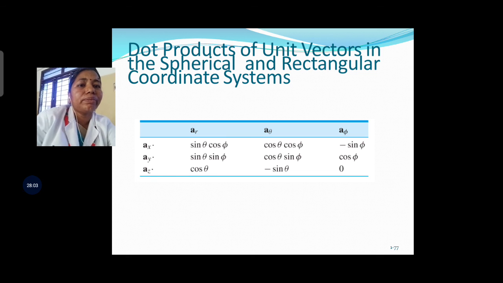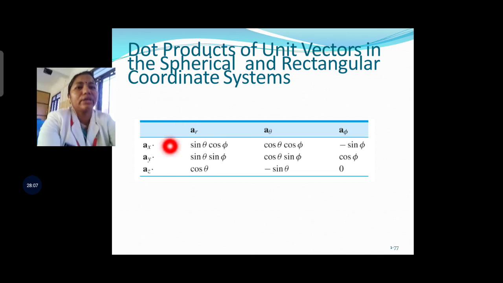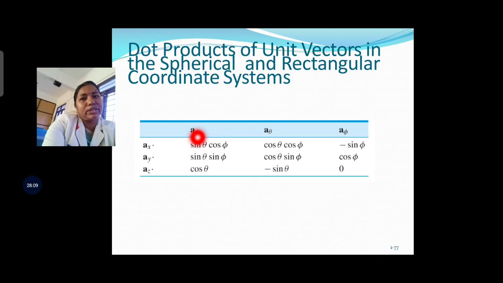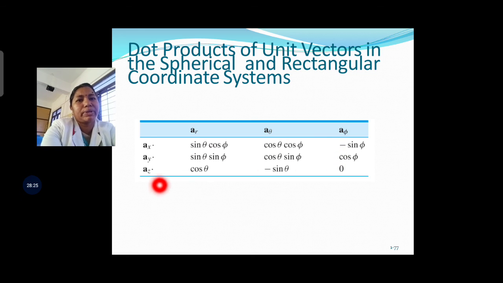If you multiply ax and ar, we will get sin theta cos phi. Likewise, x and theta we will get cos theta cos phi, and x and phi we will get minus sin phi. Likewise, y and r is sin theta sin phi, y and theta is cos theta sin phi, y and phi is cos phi.